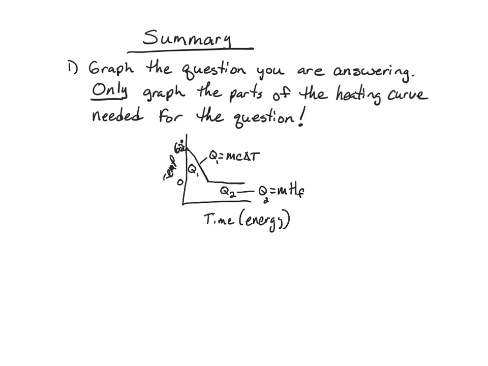When I'm finished calculating those parts, I'm going to need to take Q1 and add it to Q2 to get the total amount of energy. So you're only graphing the part of the heating curve that you need for the question. Make sure you're starting where the question is telling you to start and just follow what happens, and don't skip over any phase changes that might happen.